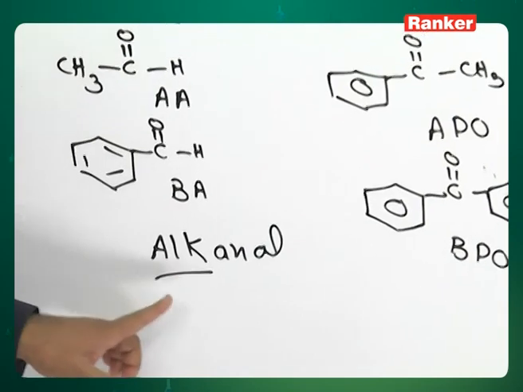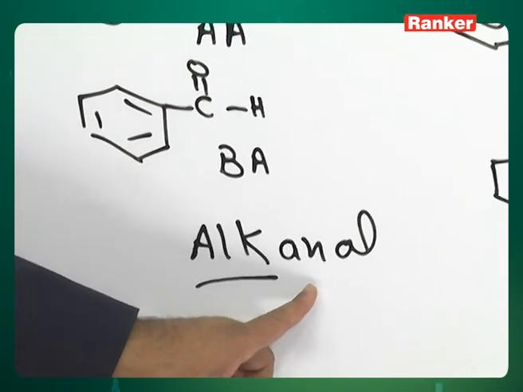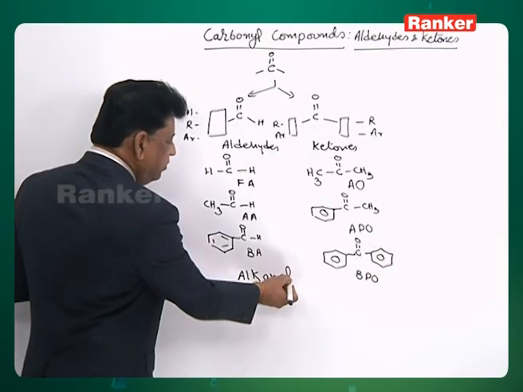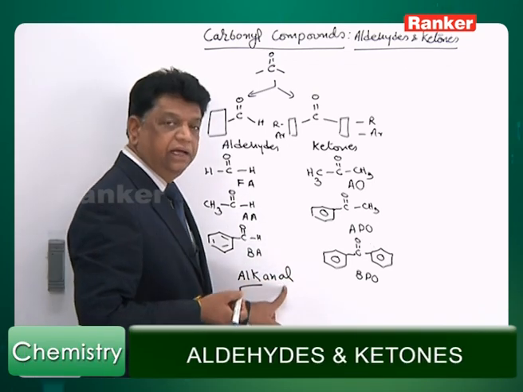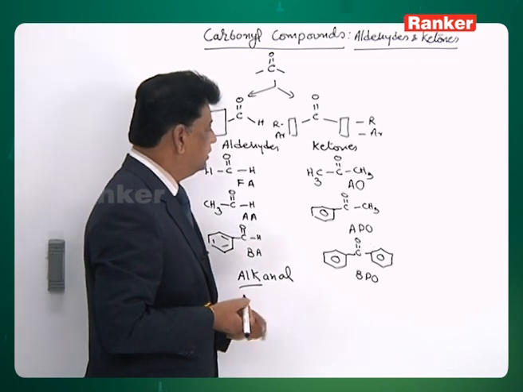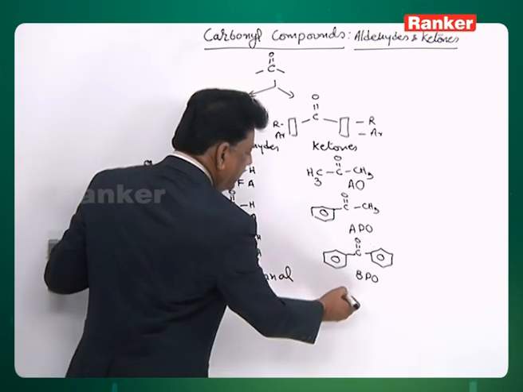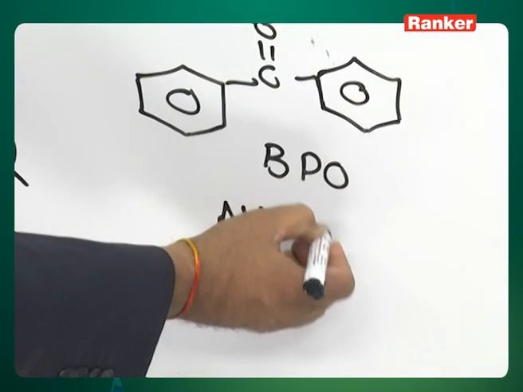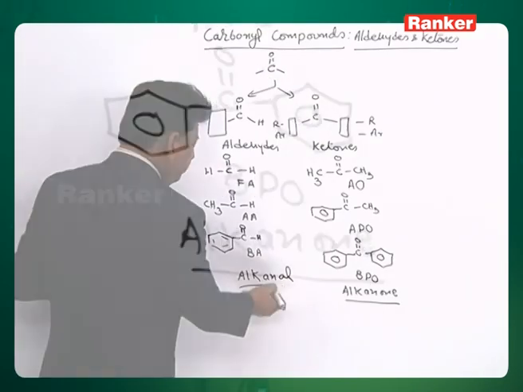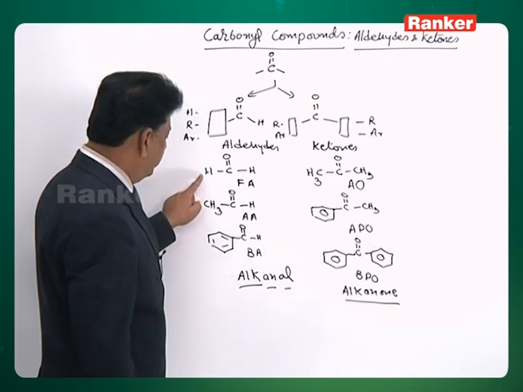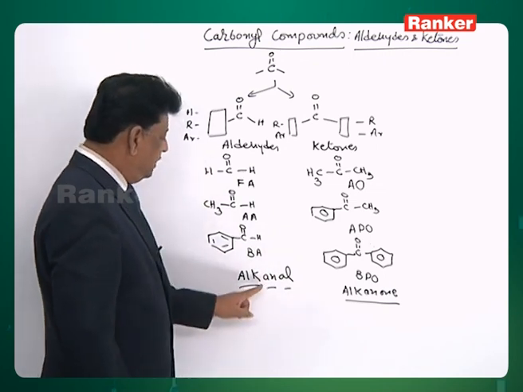Alk represents the number of carbons, an for the saturation. If double bonds are there, you can go for en and so on. Aldehyde is the coding of the functional group. In the case of ketones, they are called alkanone. So, if you apply this IUPAC nomenclature for the aldehydes, the first compound is one carbon, methanal.